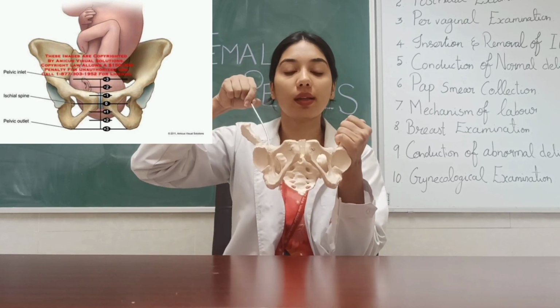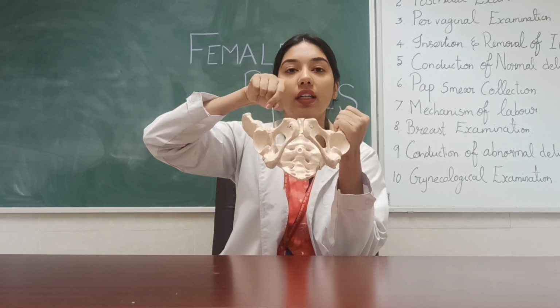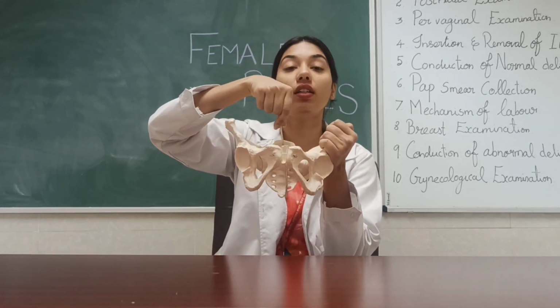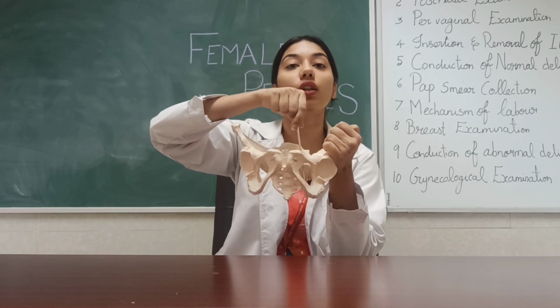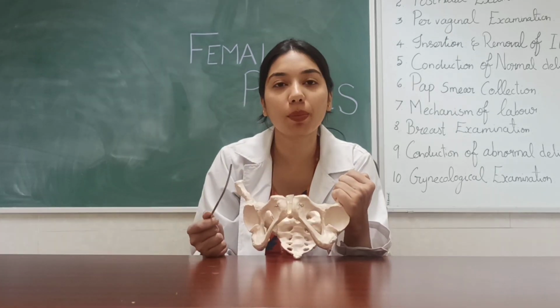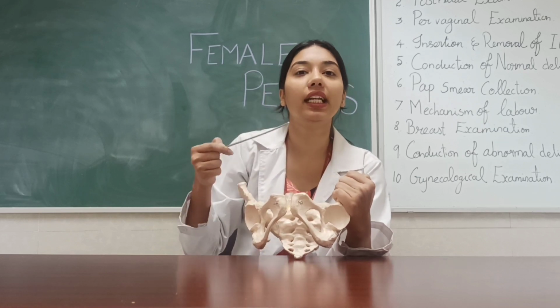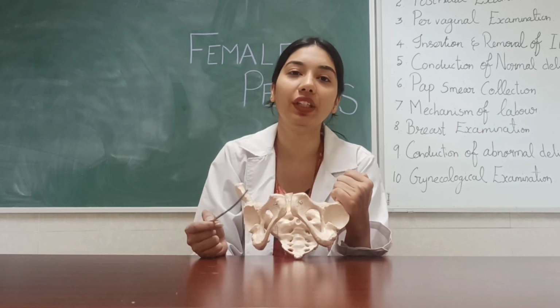This is the brim, and below this part is known as the true pelvis. During the labor process, it will be dilated and help in the passage of the fetus.